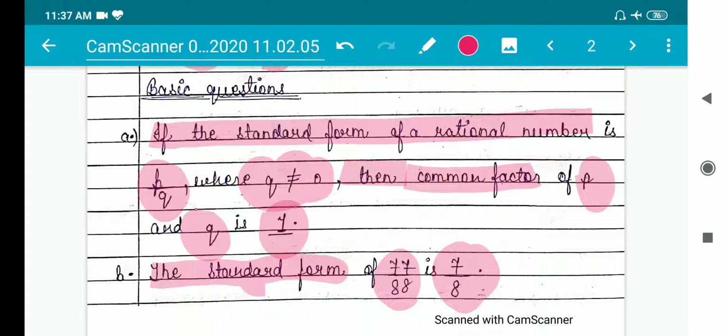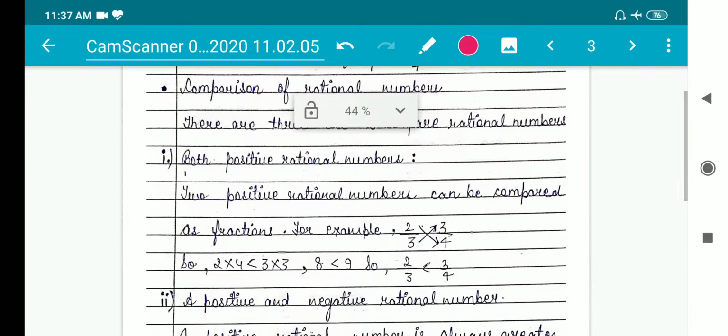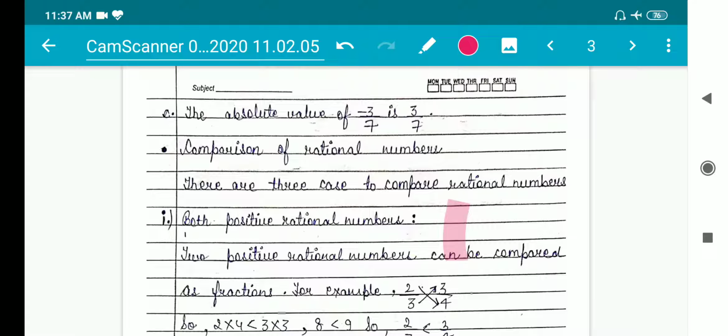How? Because 77 by 88 can be reduced to the lowest term, and we get 7 by 8. The next question: the absolute value of minus 3 by 7 is 3 by 7, as I have said, like minus 4 by 7, then its absolute value will be 4 by 7.